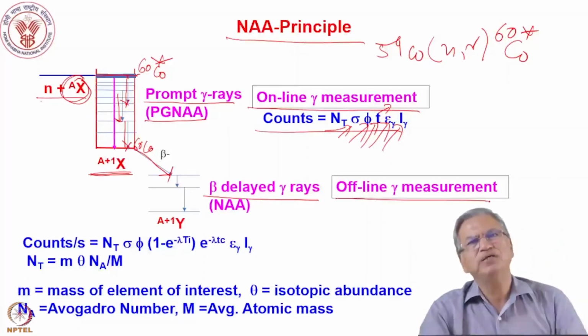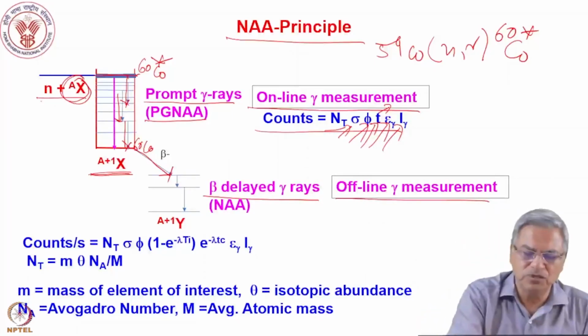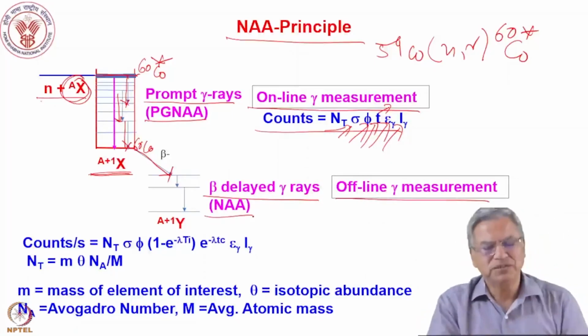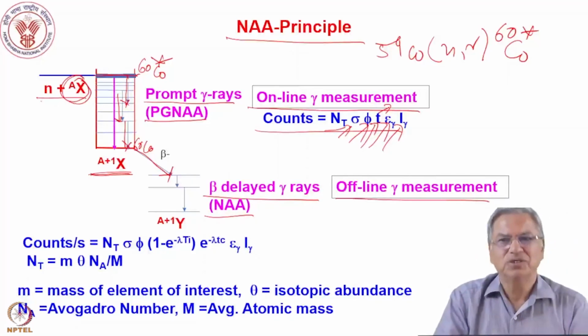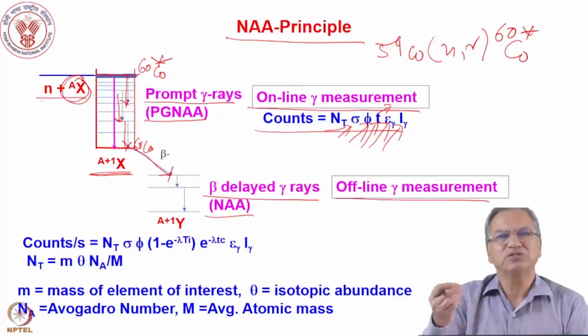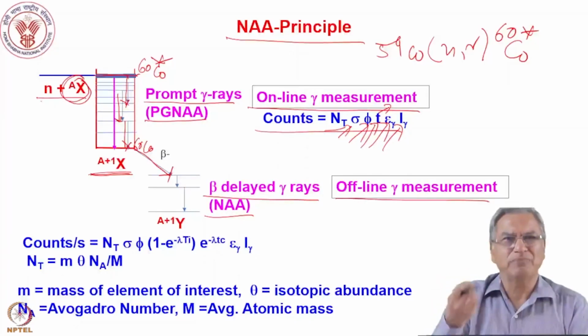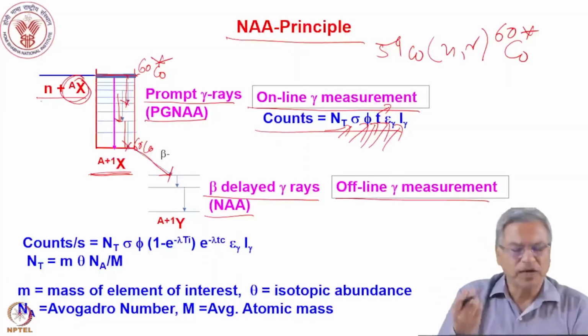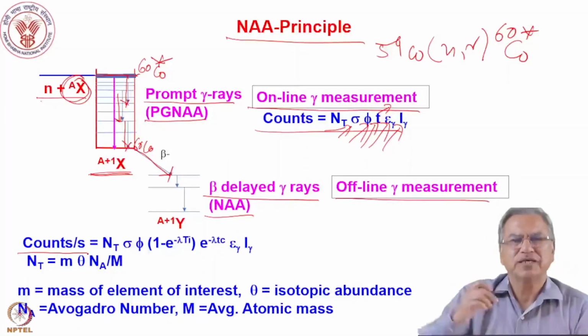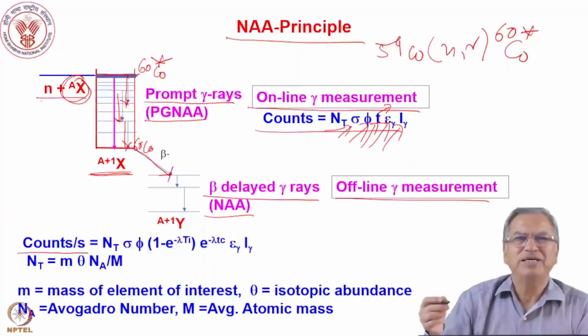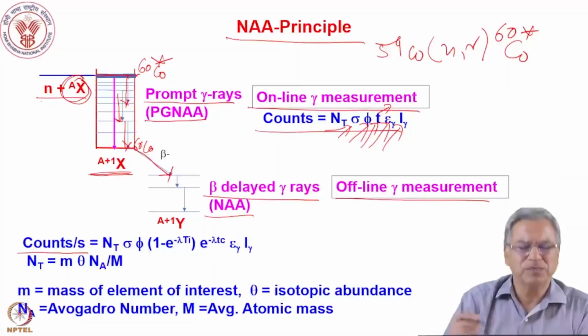The bulk of the neutron activation analysis is usually done using delayed gamma measurements. This is called NAA, neutron activation analysis. Now you are actually measuring the concentration of a radioactive sample. So you are counting the radioactivity, and what you get is the counts per second. You take a gamma spectrum for a particular length of time and divide the peak area by the time, you call counts per second.